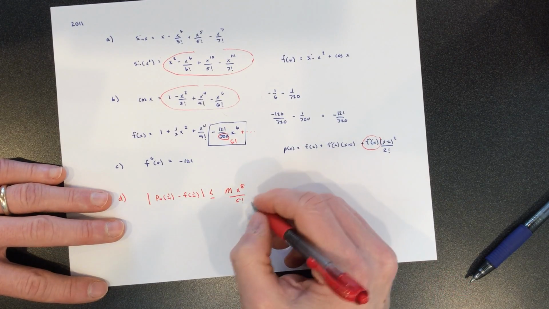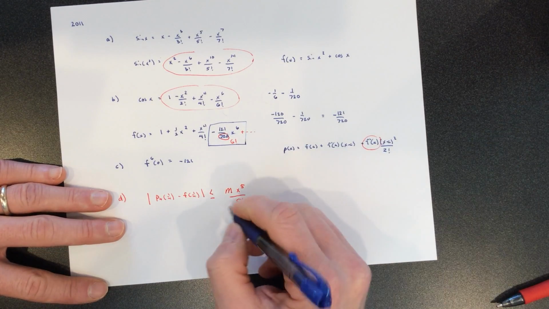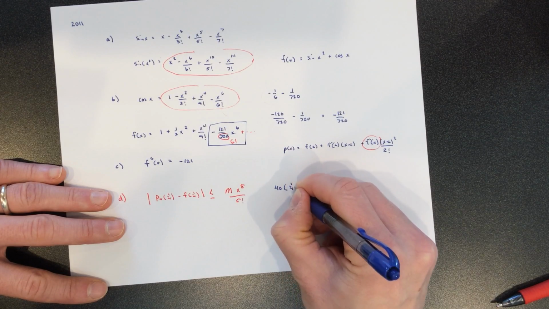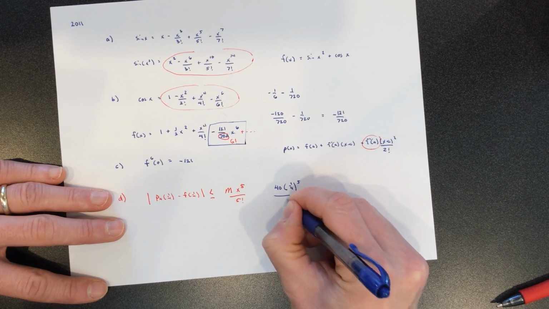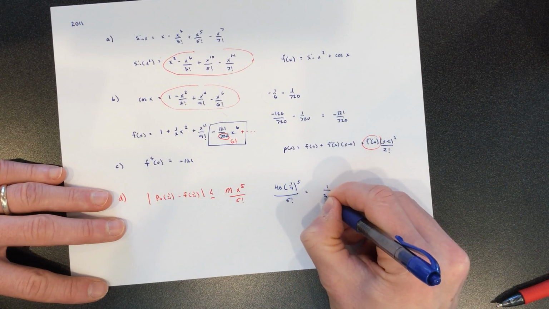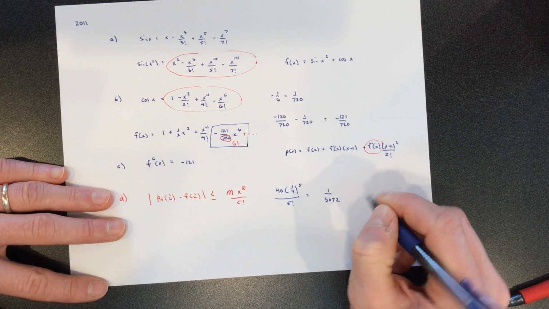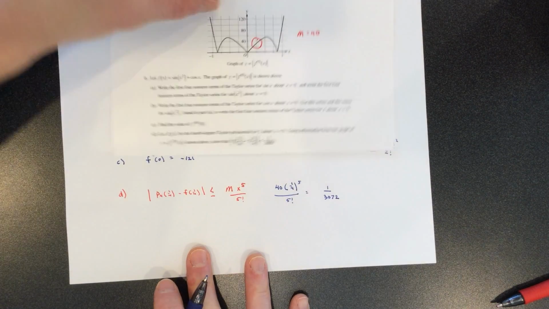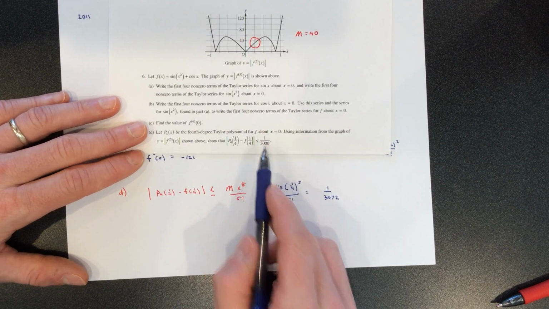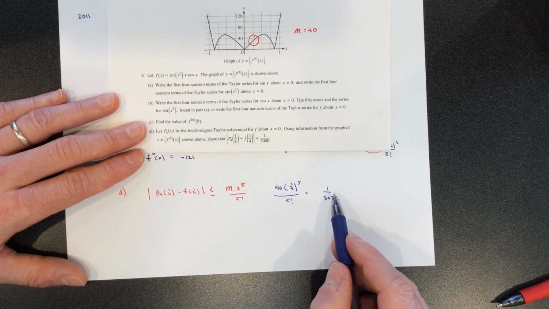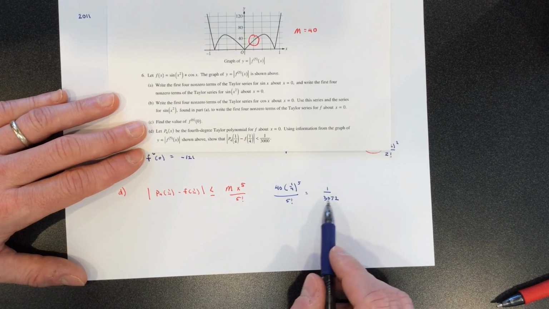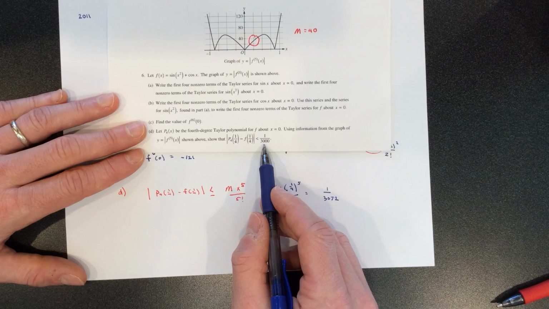And so when you slap all those numbers in and evaluate what this error is, that's 40 times 1/4 to the fifth over 5 factorial, and you get that to be 1 over 3,072. And remember, what do we want to show? We want to show that the error is less than 1 over 3,000. I just showed you that the upper bound for error is 1 over 3,072. So clearly the error has to be less than this, which is smaller than this.